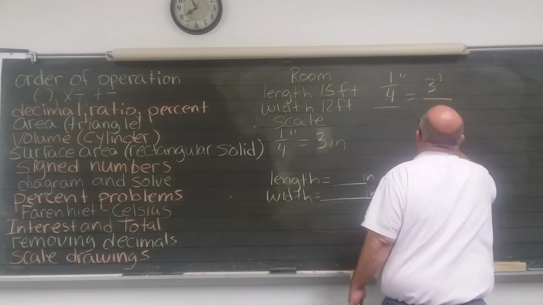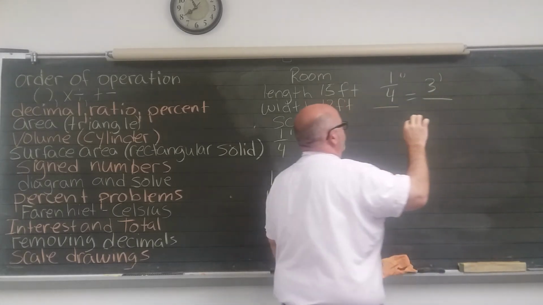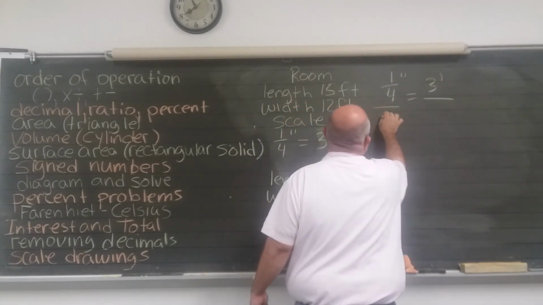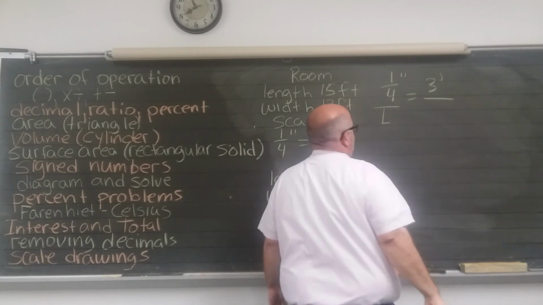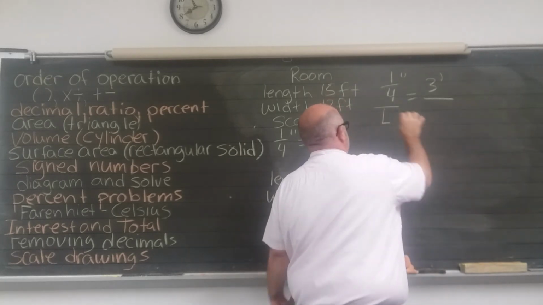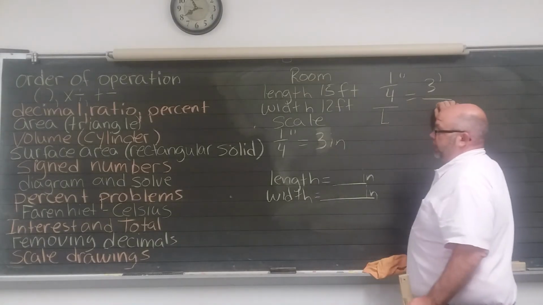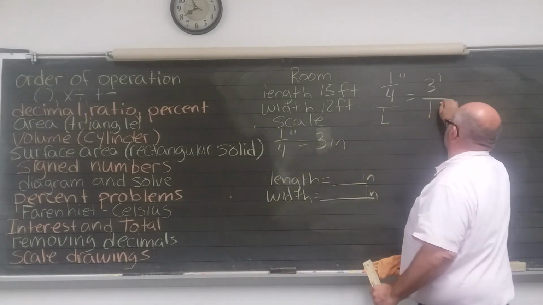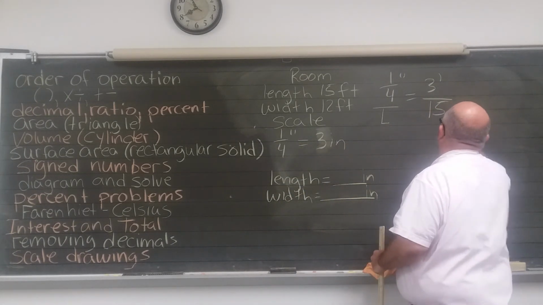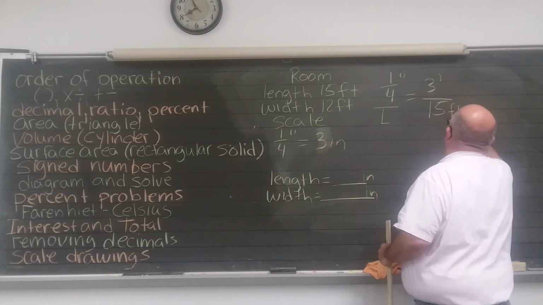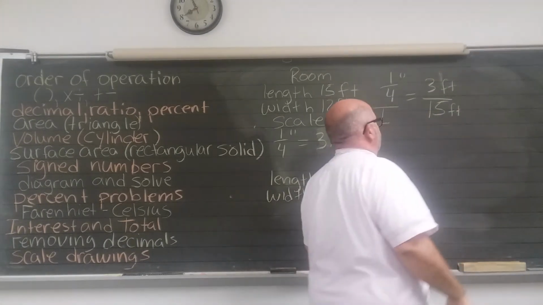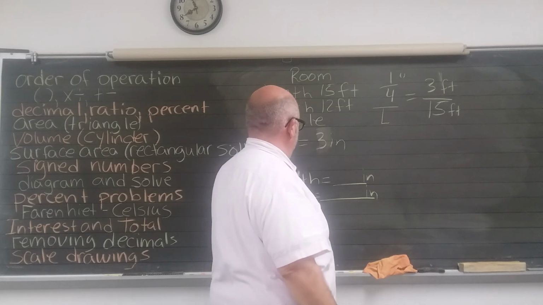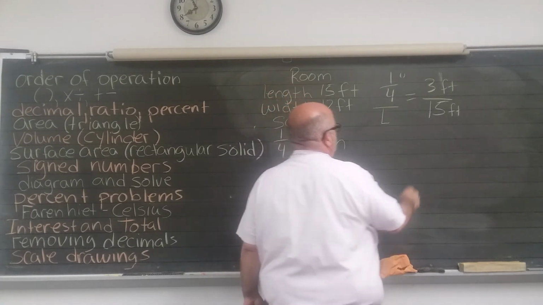Over, what is the actual width? So we're missing the length of the scale drawing. That's your missing number. Your actual length is 15 feet, right? 15 feet. Here. All right, and then you solve that, and that gives you the length of the scale drawing.